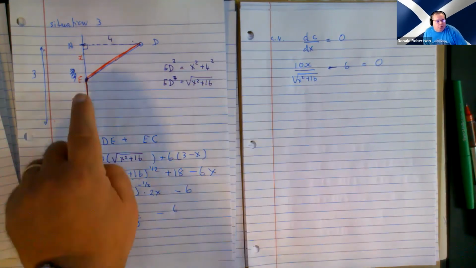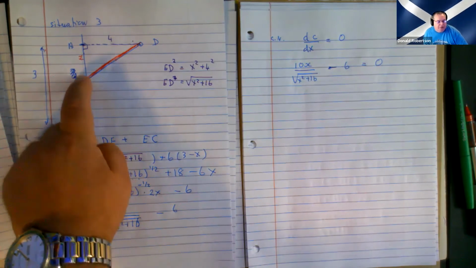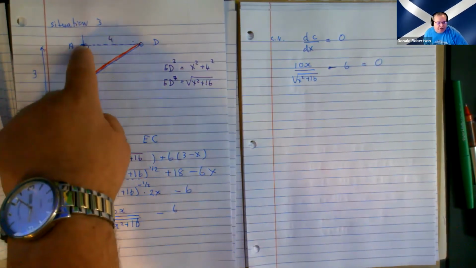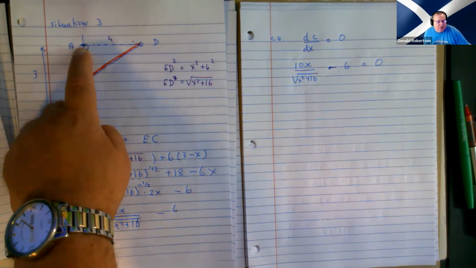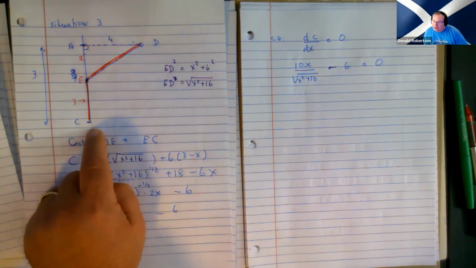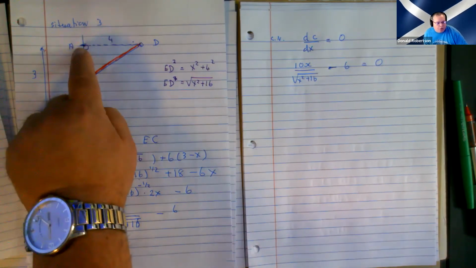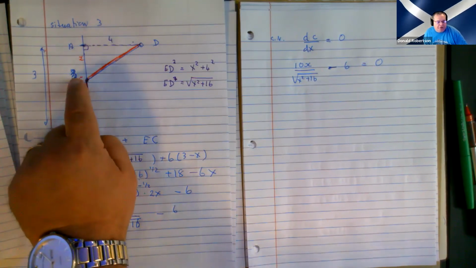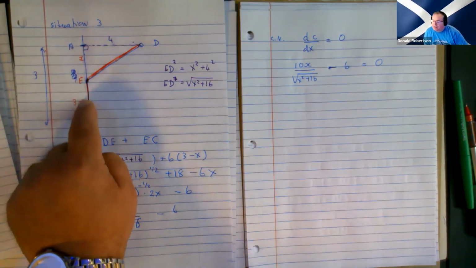Anybody got a gut feeling where you should put that? You've got 3 miles to play with. Do you think you should just stick it at A? Nah. If you stick it down here, isn't that just a direct line? If it was going to be somewhere between here and here, do you think there's a sweet point that you might be able to find?